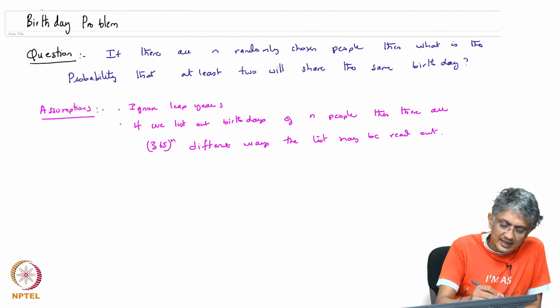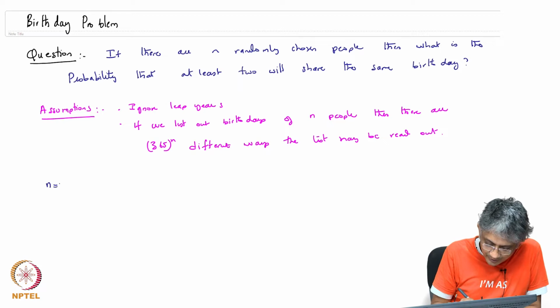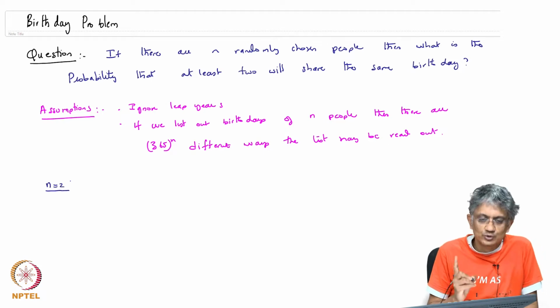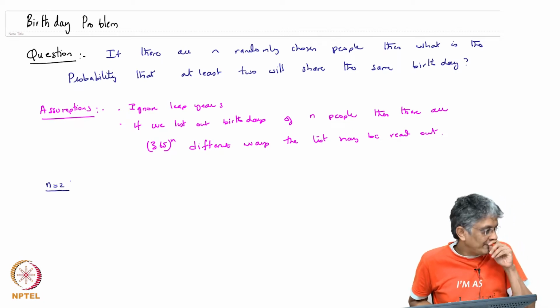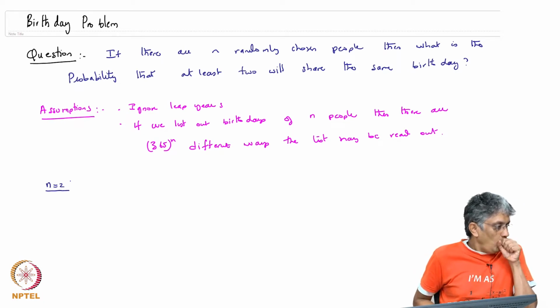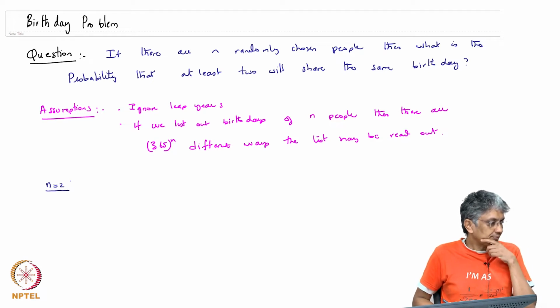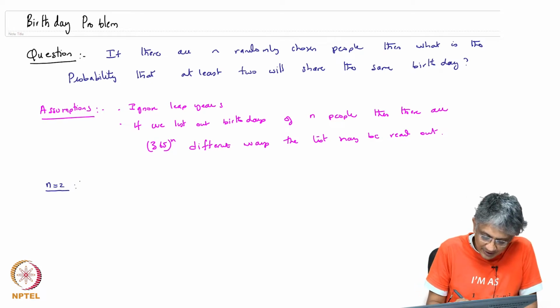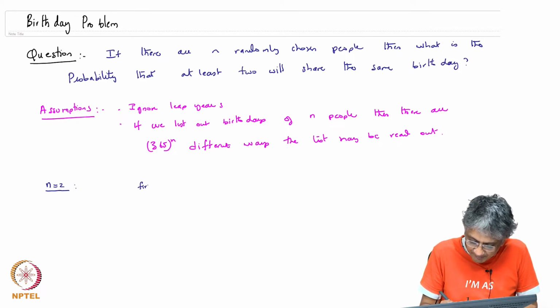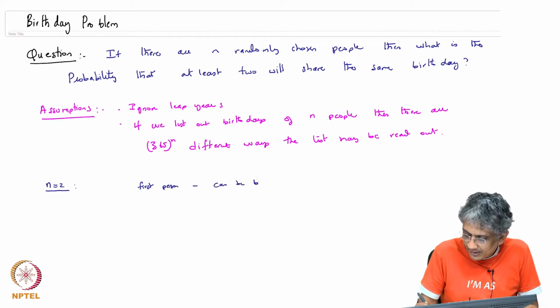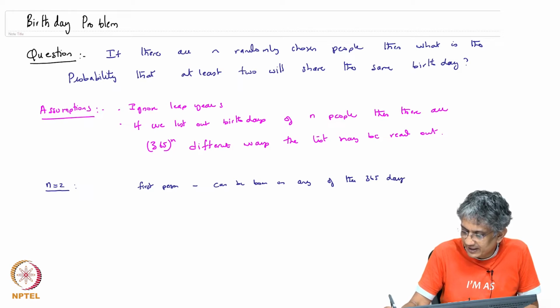Let's suppose that n is equal to 2. There are two of you, and you want to check the chance that the two of you have the same birthday. Here it's quite easy. The first person can be born on any of the 365 days; you just pick a day for the person.